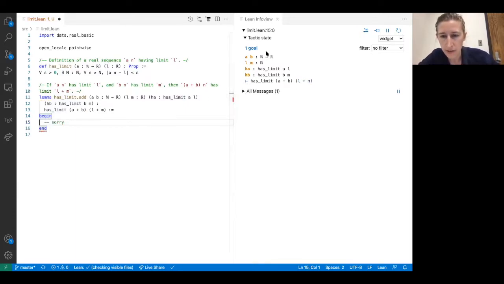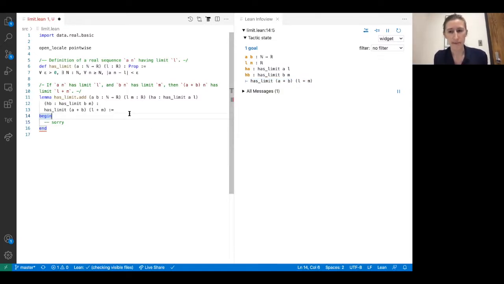And you see on the right of the screen, I've got the kind of goal state I was describing at the start of the talk. I have my two sequences A and B from the natural numbers to the reals. I have the two real numbers L and M, and the hypotheses HA and HB, that A has limit L and B has limit M. And I've got my goal that the limit of A plus B is L plus M.